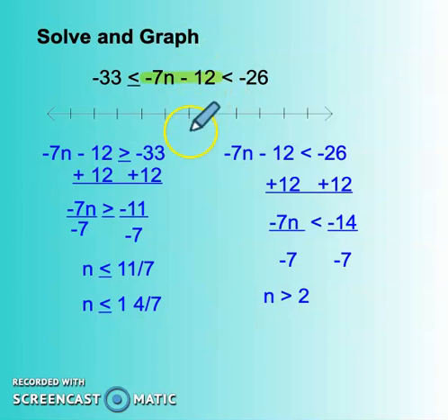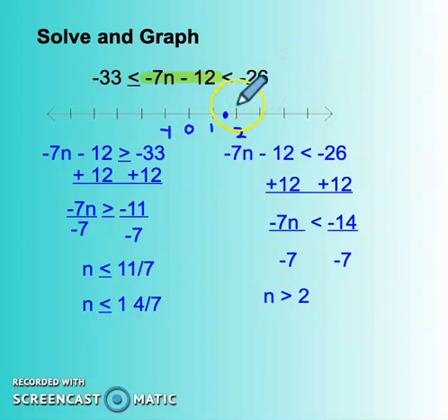So if I want to graph these two inequalities, I am just going to put a couple numbers on here. I'm going to put a 0, and then a 1, and a 2, and then I'll put a -1 over here. Now, when I graph this, first of all, this one is 1 4/7, so it's going to be about right here, and it's a closed dot only because of this or equal to.